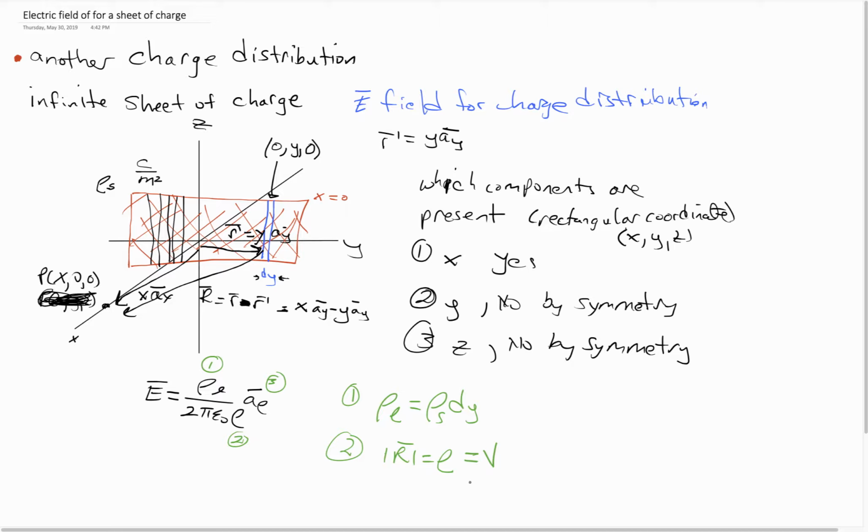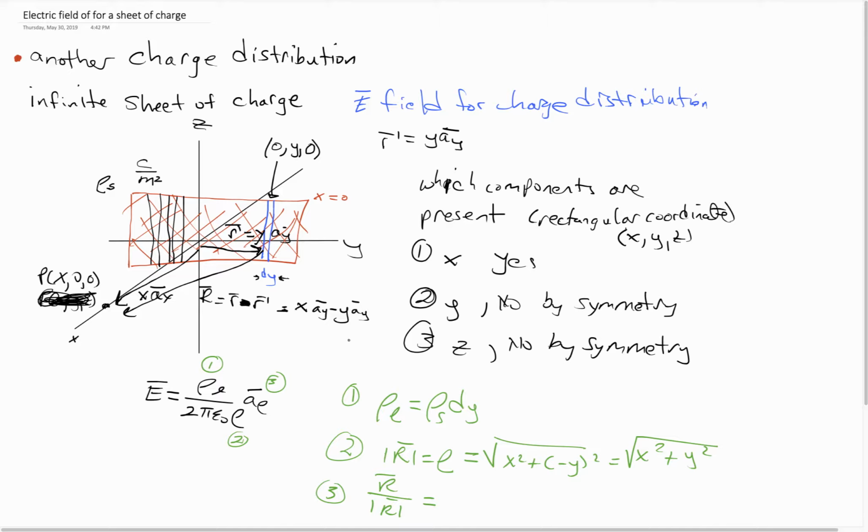The magnitude of R is just going to be the square root of x squared plus y squared. And then our unit vector is just going to be r over the magnitude of r.